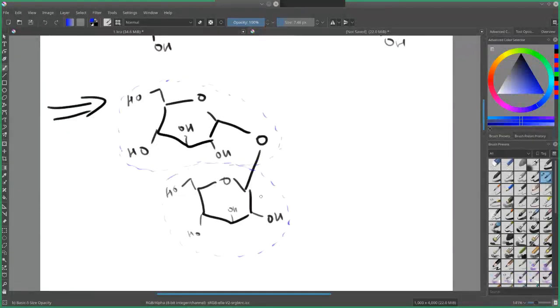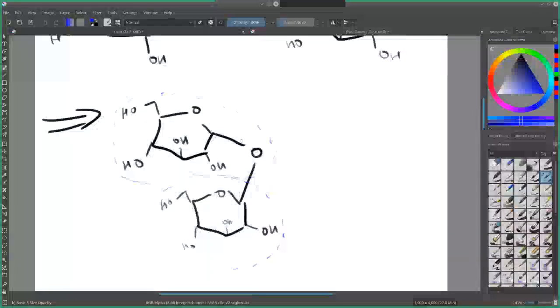Cool. So is that it? Maybe I should ask, is this the only possible structure that we could have started from? I think there are three possibilities. What are the three possibilities?